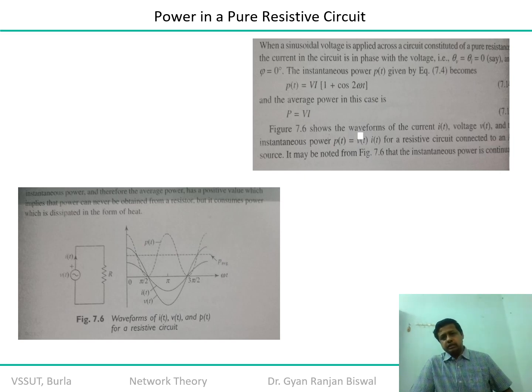But remember, it is the same element which actually causes the loss, called dissipation loss or power dissipation, which is proportional to I square R loss. And why do we need it? Because it is a provision used to restrict the flow of current.